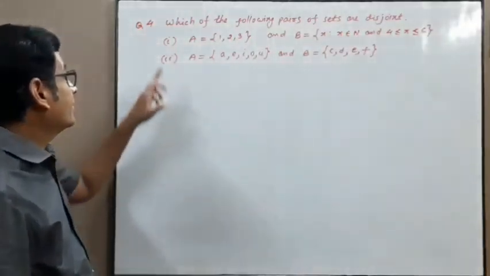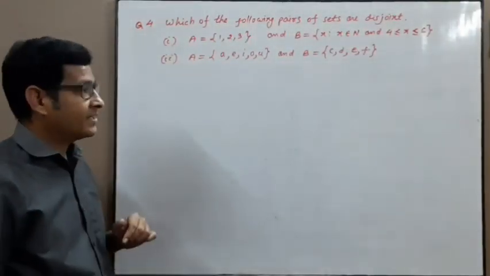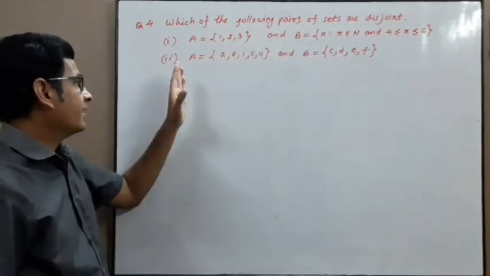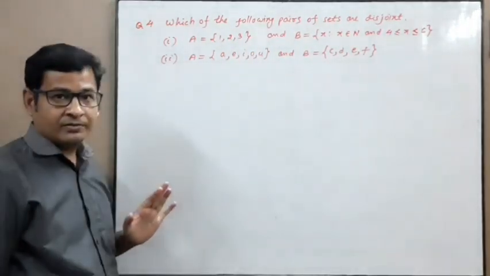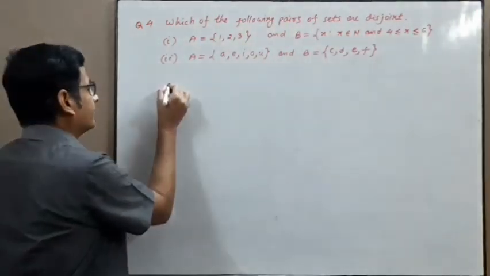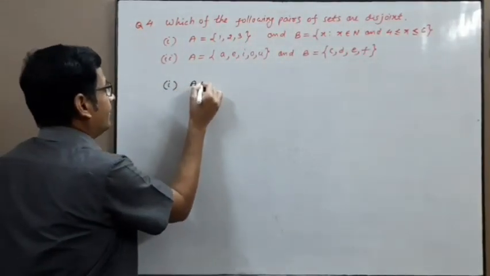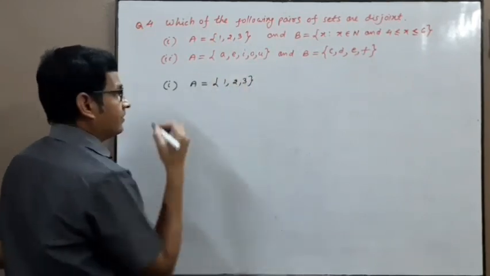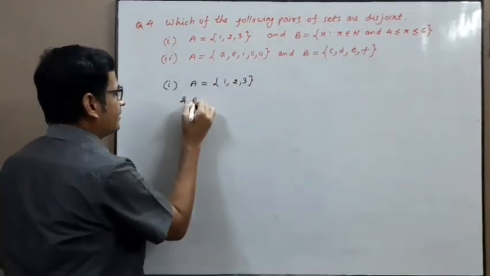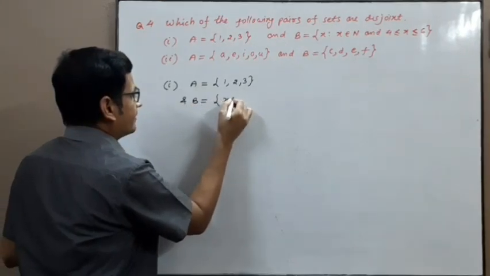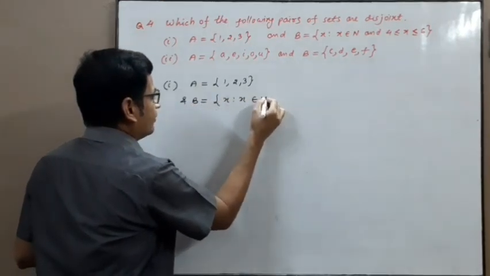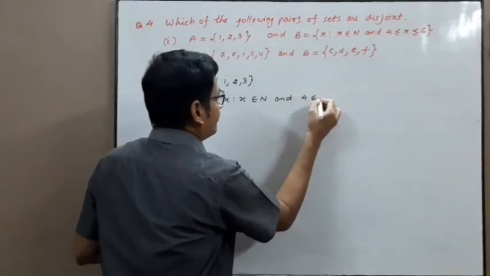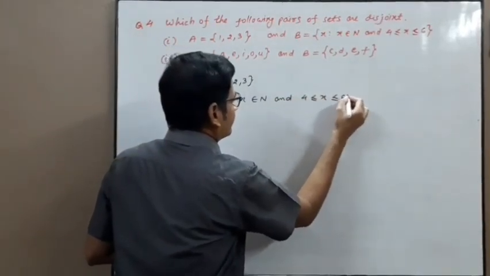Next problem. Which of the following pairs of sets are disjoint? A equal to this and B equal to this. First part: A is equal to 1, 2, 3 and B is equal to X such that X is a natural number and X lies between 4 and 6.